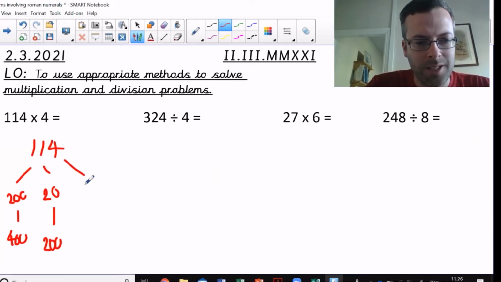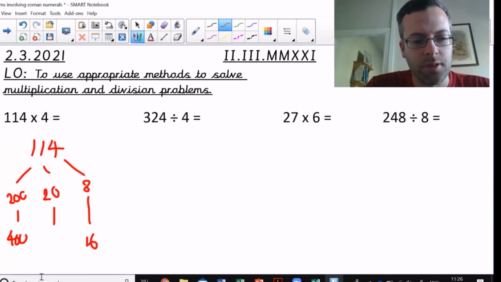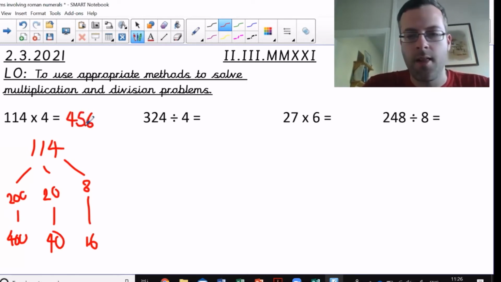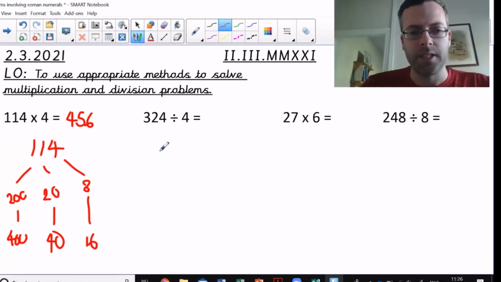That doubled will get me to 8, and then doubled again will get me to 16. So my answer is, well, 400, whoa, I've gone wrong there. Hopefully some of you spotted that. Double 20 is not 200, crazy guy. It's 40. So my answer is 400 and then 40 add 16, 456. I could have got that with a column method, but didn't need to.